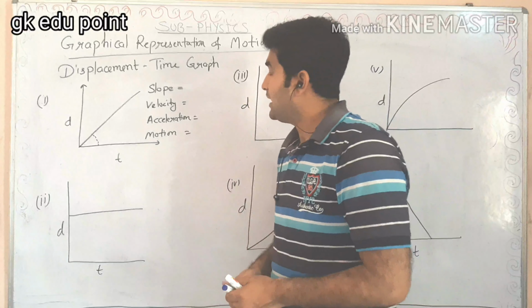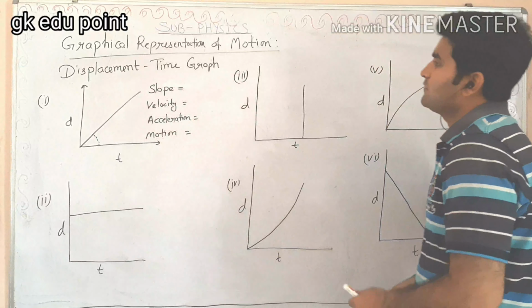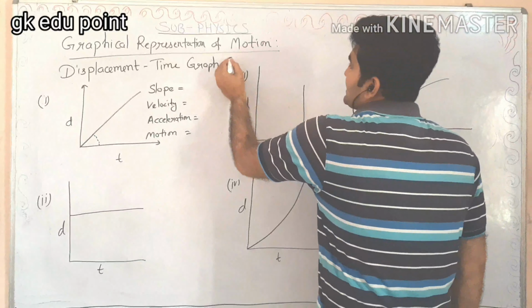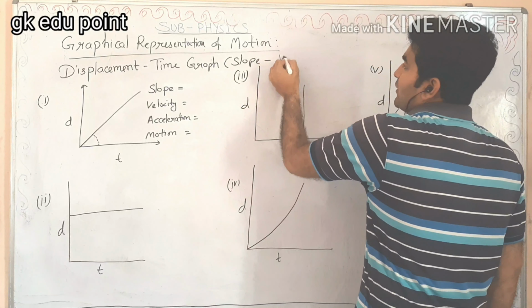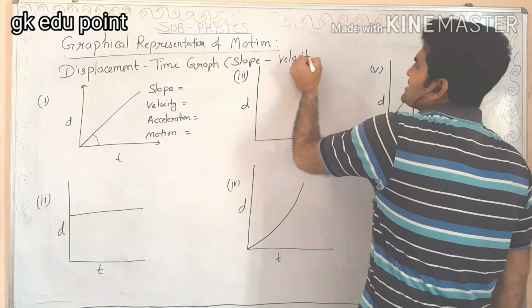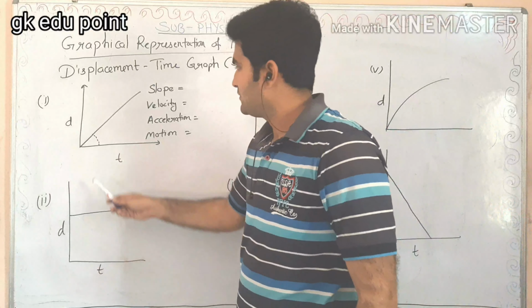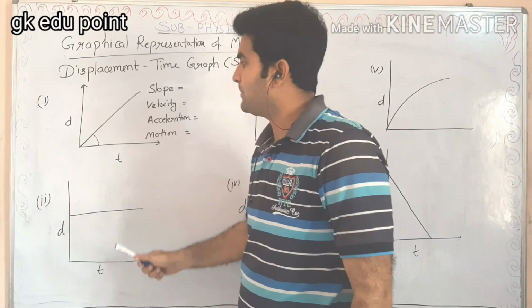Firstly, I have to explain that in a displacement-time graph there is a slope. Every graph must have some slope, and this slope represents velocity, or the nature of velocity, I would say. In this displacement-time graph, there is a straight line in the xy plane.